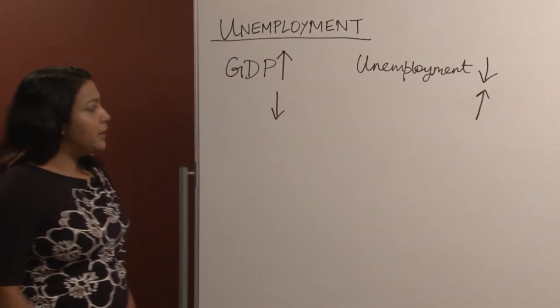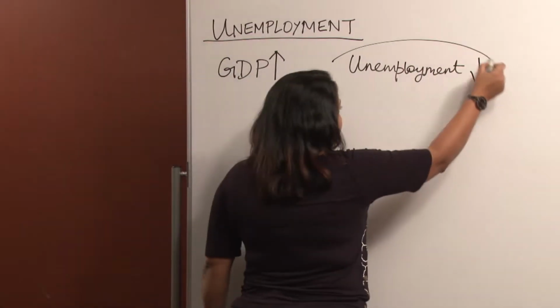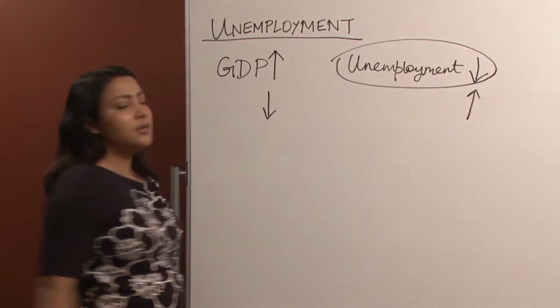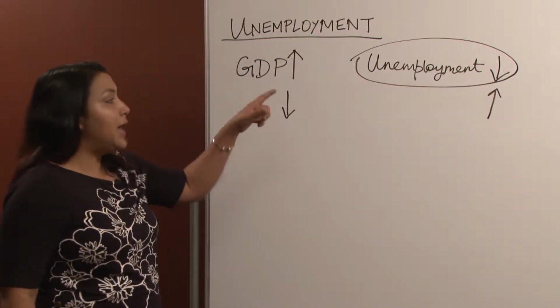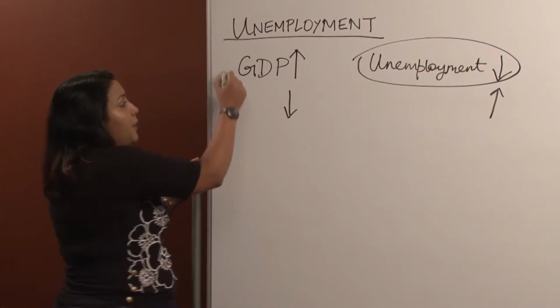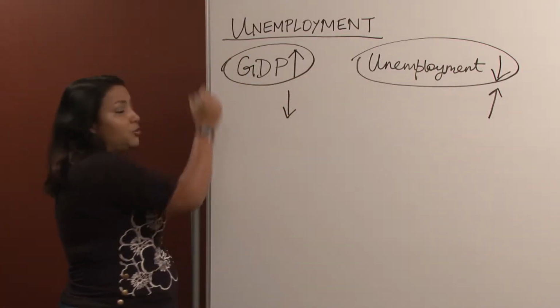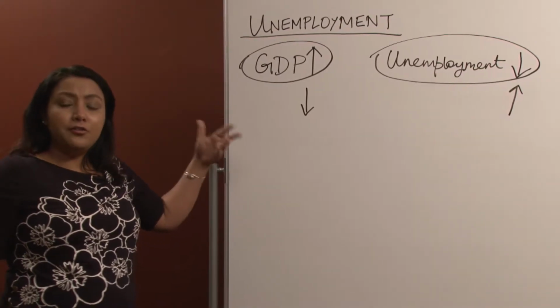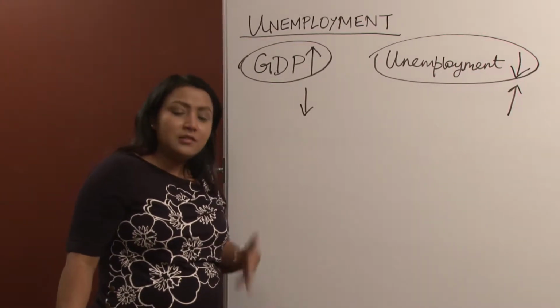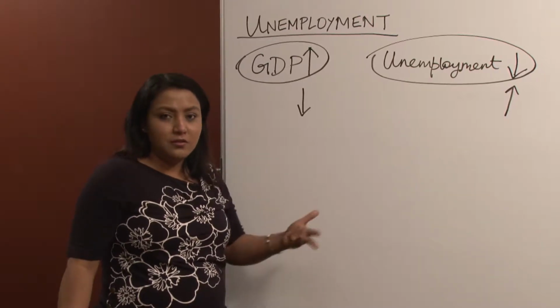So, that means if reducing unemployment, if decreasing unemployment is really the objective of a country, then indirectly that purpose could be served by raising the GDP, doing something to raise the GDP of the country. And you know, raising the GDP of the country would be to increase the production of final goods and services in the country.